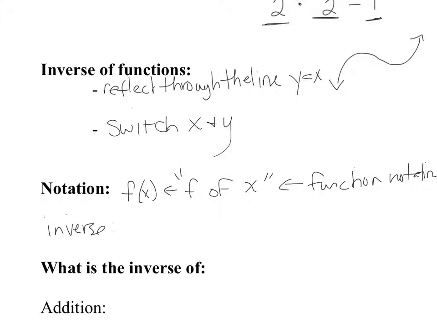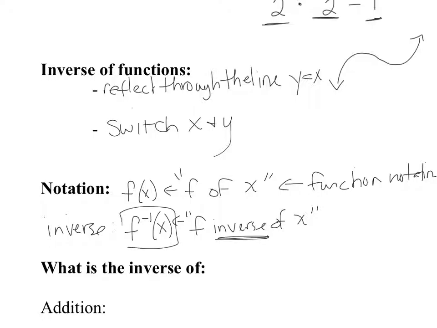The notation for an inverse is f inverse of x. That's how you say it. You don't say it to the -1 power, though it does look like a -1 power. It is not. It's actually the notation for the inverse. So if you see this, they're asking you to find the inverse.